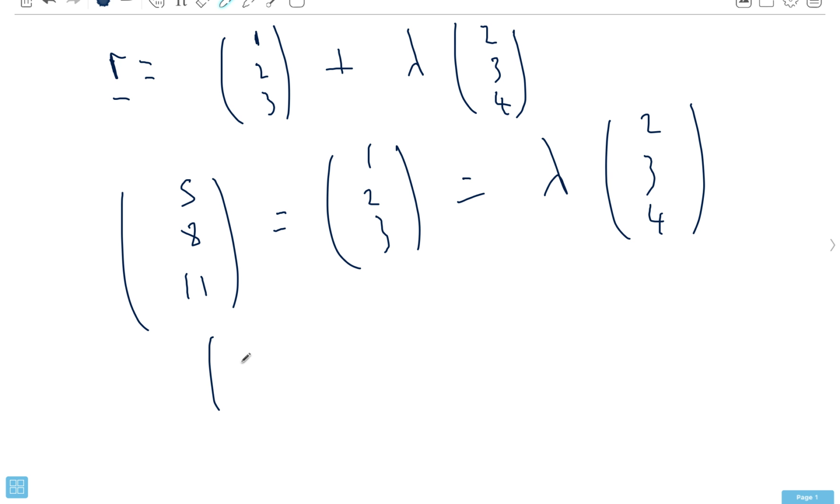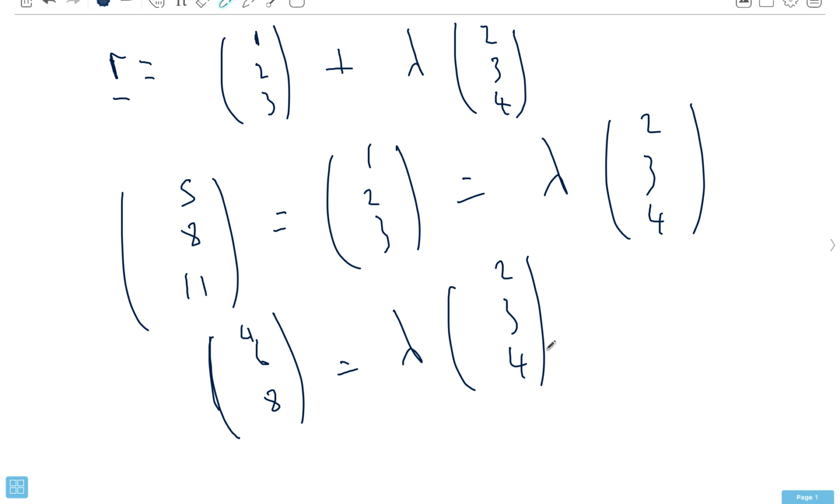So if we do the minus again, 5 minus 1 is 4, 8 minus 2 is 6, 8 is equal to lambda (2, 3, 4). And lambda has to be 2. If lambda is 2, 2 times 3 is 6. So this point is on the line, and this equation is satisfied when lambda equals 2. And we can use the other equations as well. We don't always need to use the vector equation. I'll leave that as an exercise. But that's how you find out if a point is on the line, given the equation.